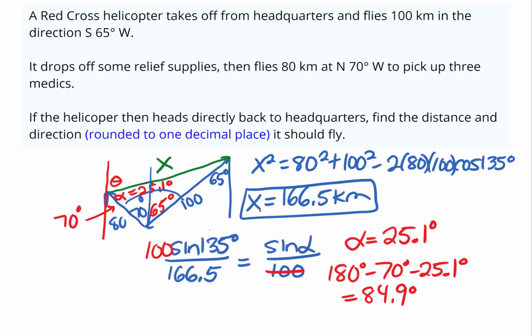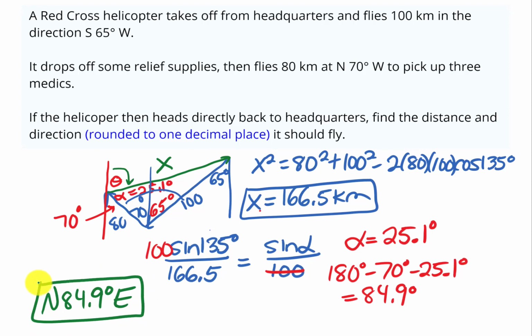So now the direction angle, if I measure off from north around to the east, is north 84.9 degrees east. That is the direction that the helicopter would need to travel. Another way to say that in words is it is 84.9 degrees east of north.